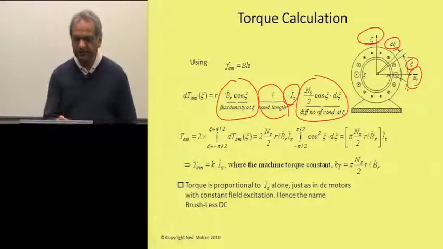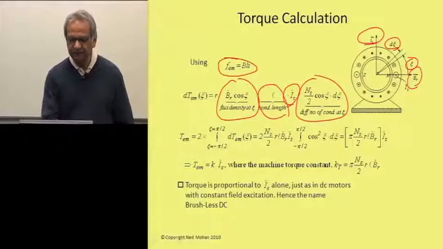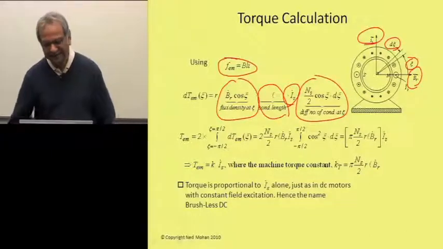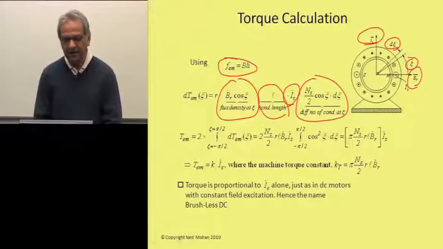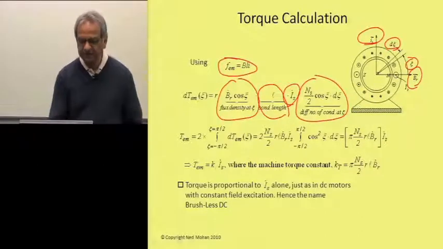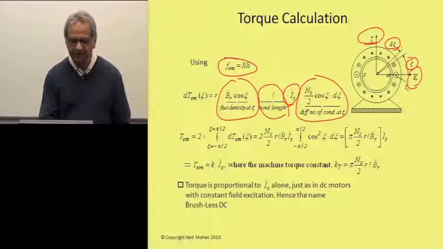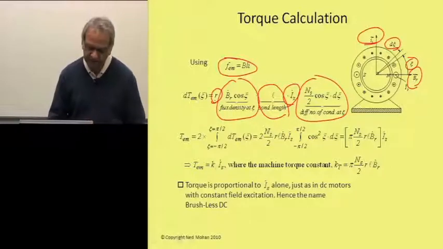So using this fundamental principle that the force produced is BLI, we can calculate the torque, or differential torque, in this differential number of turns by multiplying this force by the radius r over here of the machine.